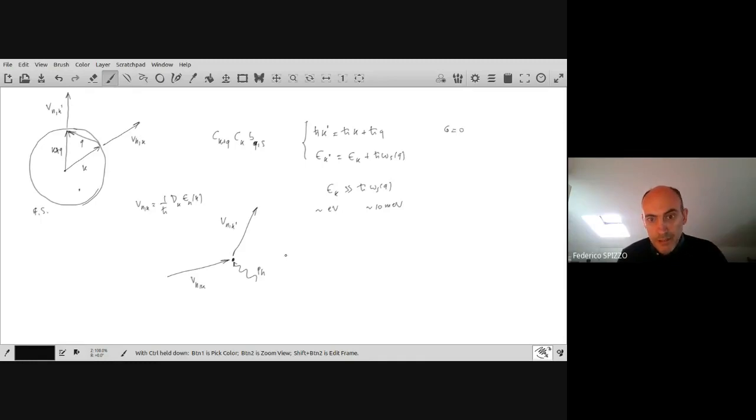So at this point, we have a mechanism that can explain the source of resistivity, because what we actually observe here is that we have a change of direction of the electron, so we have a mechanism that interferes with the propagation of the electron in a straight line.